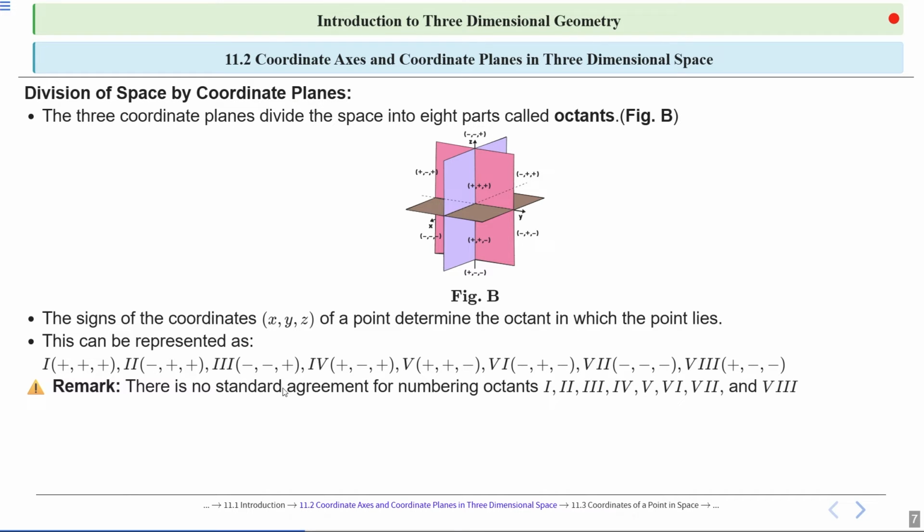Now let's keep in mind an important remark. There is no universal agreement for numbering octants 1, 2, 3, 4, 5, 6, 7, and 8. Different textbooks or sources might use different numbering systems for the octants.